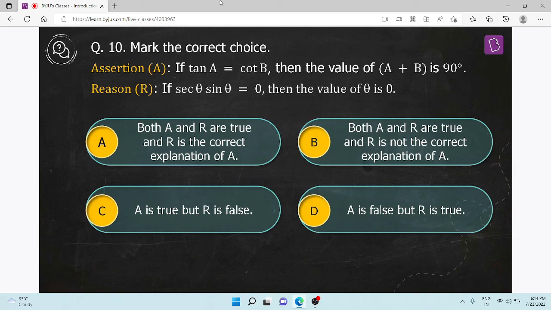Do you remember, in the beginning of this topic, we discussed complementary ratios. If sine theta is equal to cos alpha, and cos theta is equal to sine alpha, where theta plus alpha is equal to 90. The same thing is there.